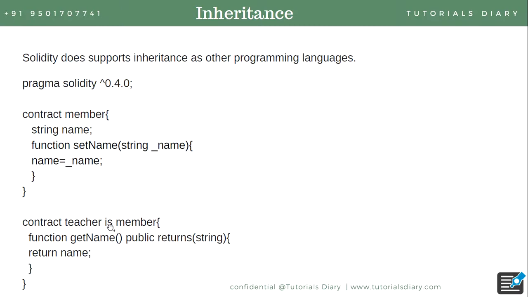There are some other points which we have to consider when we say it is accessible or not, but at a very high level, all the functions and variables will be accessible. So you need not write the same piece of code again and again. You can create a parent contract, and the functionality can be accessed through the child contract as well.